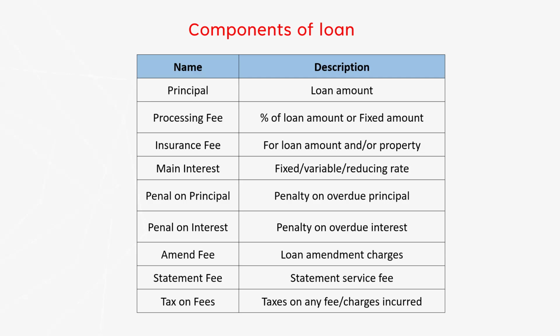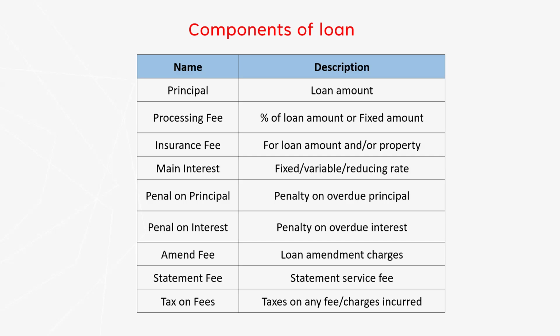And then the main interest, which is the monthly interest that happens on the outstanding principal. Suppose the customer is not making a payment, then for that month's overdue principal, the bank can apply a penalty. Because the customer has not made a payment, for that particular portion of outstanding principal, the bank can apply a different interest rate to penalize the customer.